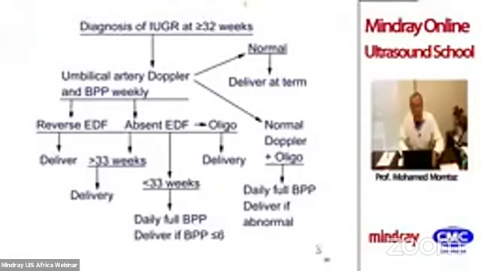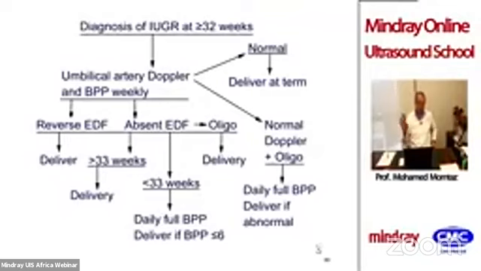If you have an intrauterine growth restricted fetus, what should you do? The most important thing is that you look into the first diagnosis and then do Doppler. You confirm that there is IUGR. Of course, this is another lecture, but the definition of IUGR is fetal growth below the 10th percentile for estimated gestational age.